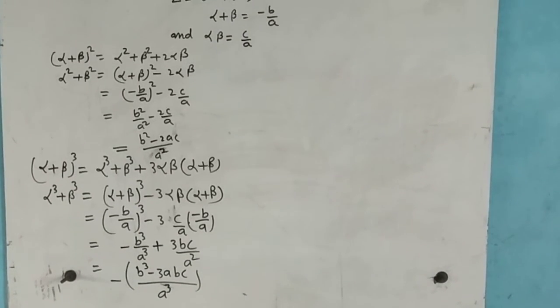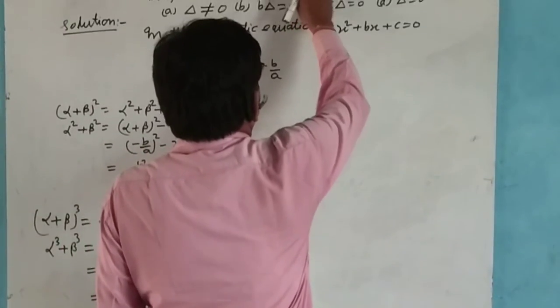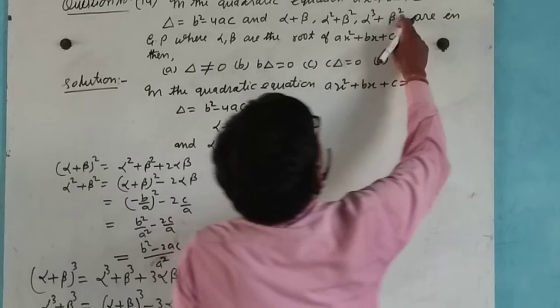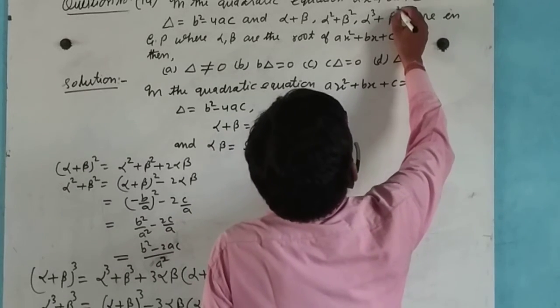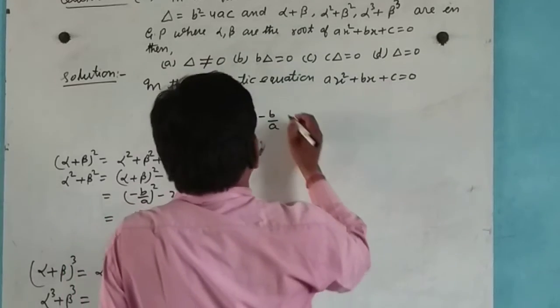Now alpha plus beta, alpha square plus beta square, alpha cube plus beta cube are in GP.